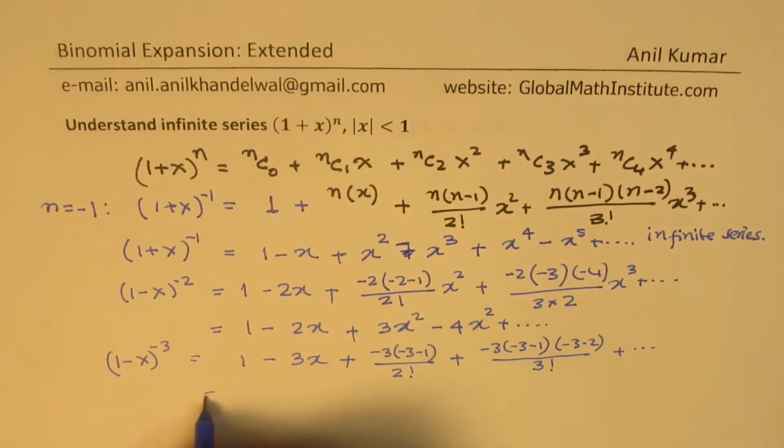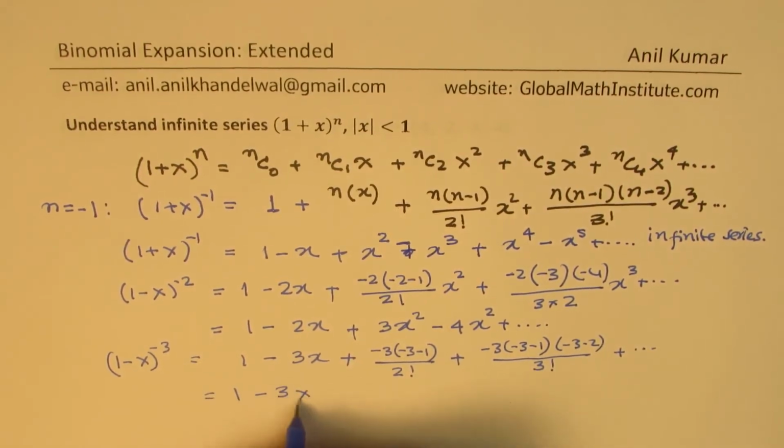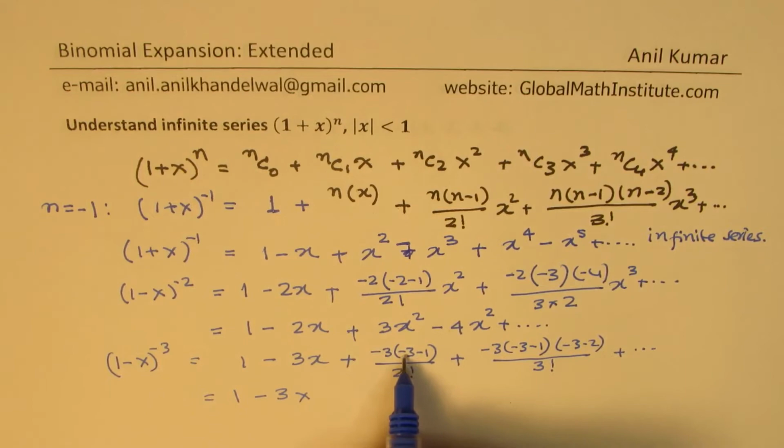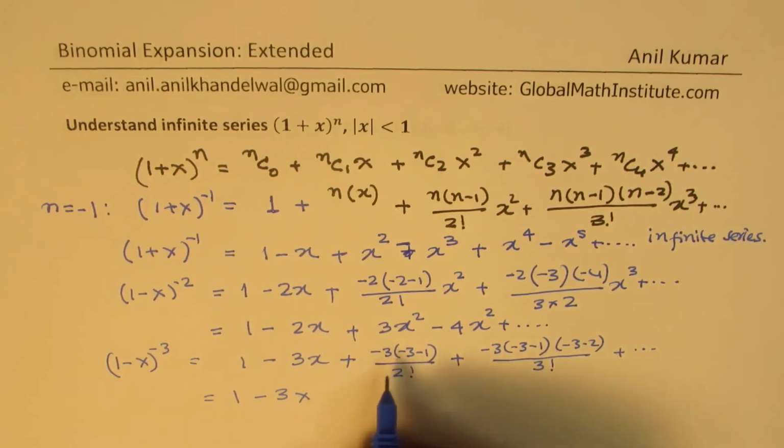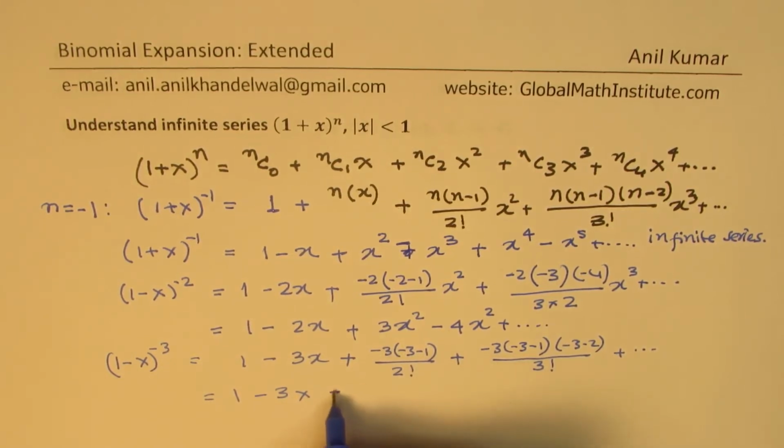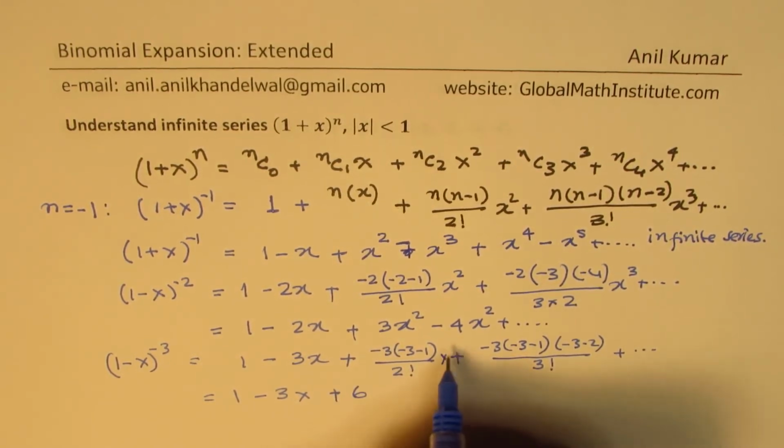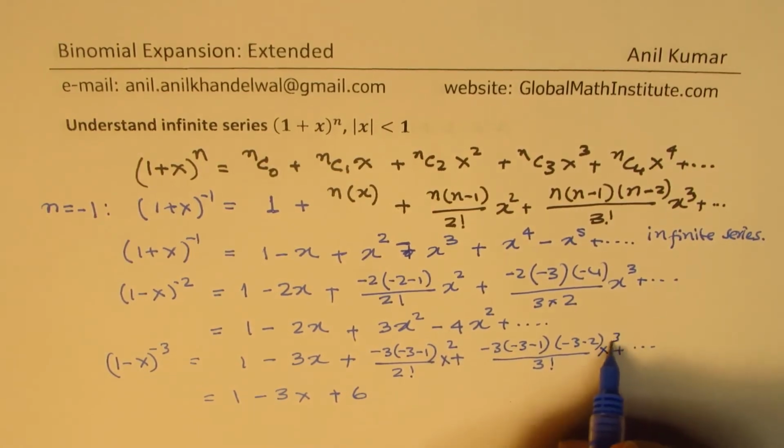So what you really get here is 1 minus 3x, and here minus 3 minus 1 is minus 4. So that divided by 2 is minus 2, and so you get plus 6x squared.